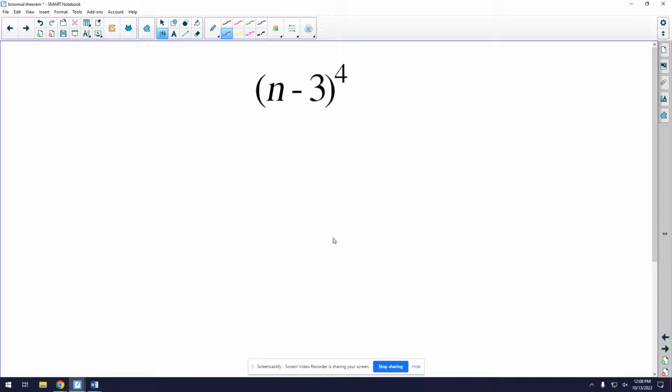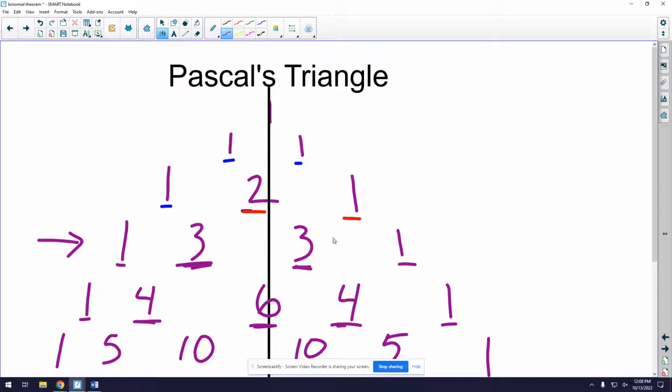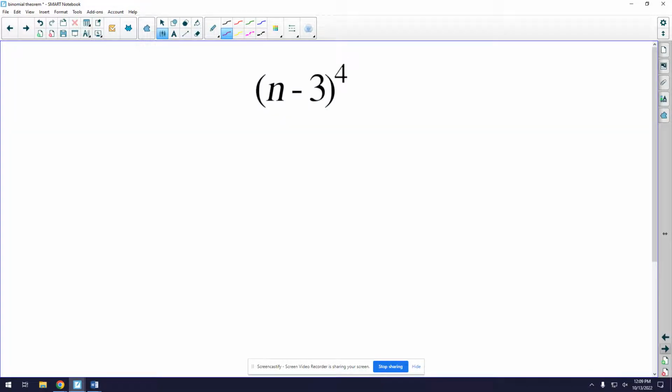This time we're to the 4th power. If we're to the 4th power, now we want this row because our second number is a 4. So 1, 4, 6, 4, 1.